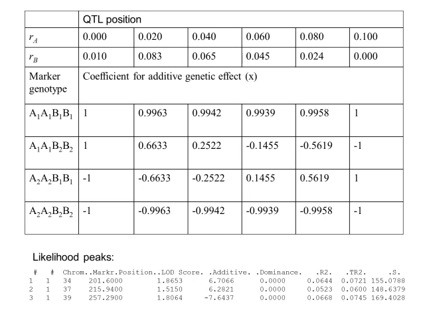So what I've shown are the first 3 likelihood peaks. All 3 are on chromosome 1. We have them at markers 34, 37, 39, and the positions are centimorgans 201, 215, and 257. And you can see for each of these we have a LOD score and then an additive effect estimate, which again shifts from positive to negative when you go down to that distal end of that chromosome. And we have these R² values of 5 to 7% more or less.